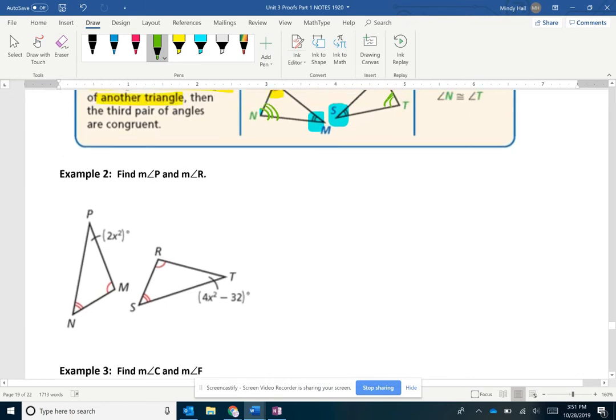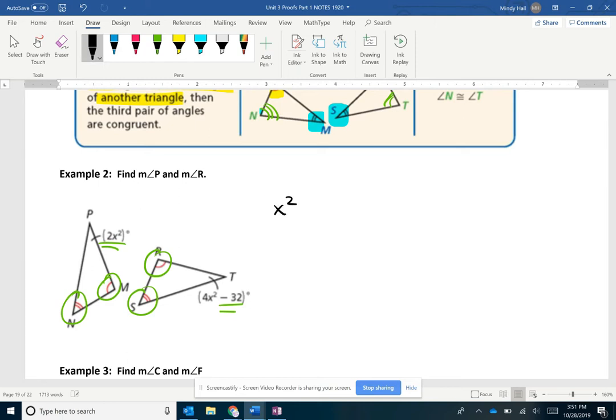We want to find the measure of angle P and the measure of angle R. If you notice, we have two sets of congruent angles with these two triangles, so we can set these two expressions equal to each other. We would have 2x squared equals 4x squared minus 32.